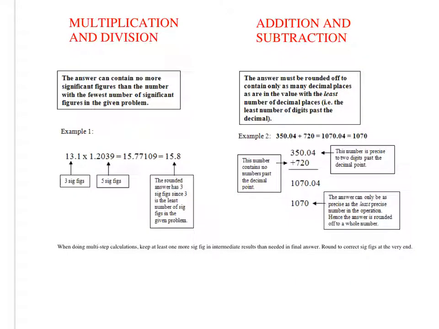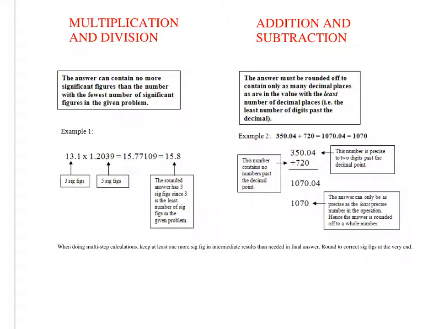Okay, so now we're getting to our rules for calculations. And what we're going to do is start with talking about multiplication and division, and then we'll look at addition and subtraction. And our rules for multiplication and division, it tells you some rules here. I'm going to rewrite this.